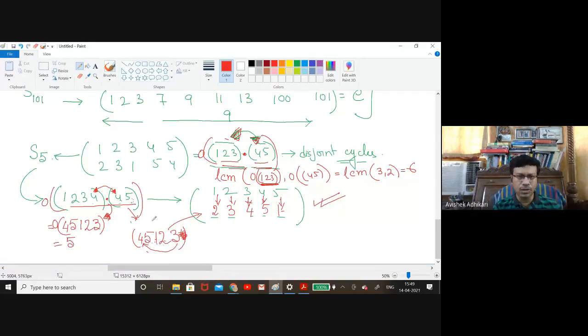So many students miss this common part and they remember only this result. They write that this order is 4 and this order is 2 and the LCM is 4.